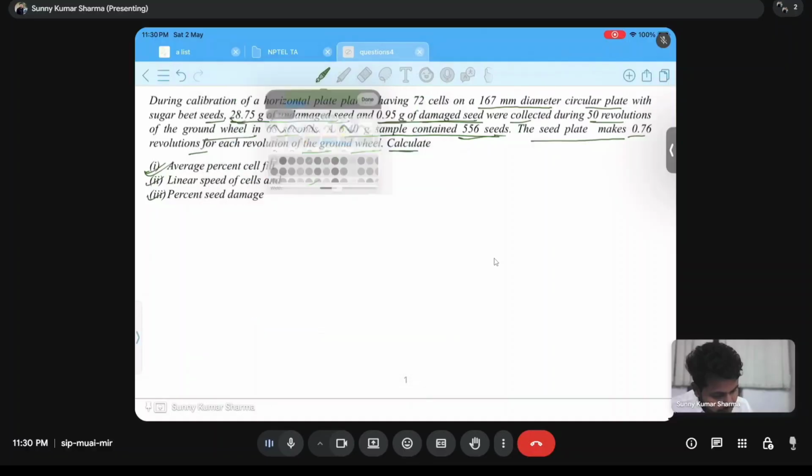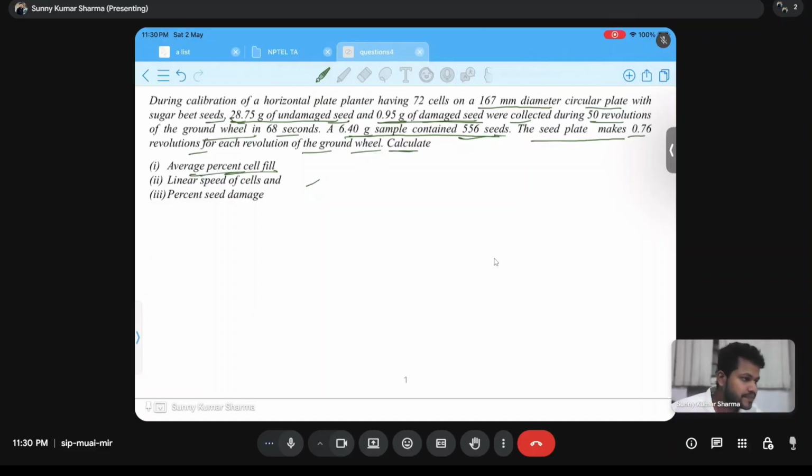For the first part, the average percentage of cell fill, we will calculate the actual seeds dropped and the theoretical seeds. We will divide actual seeds by theoretical seeds to get the average percentage cell fill.